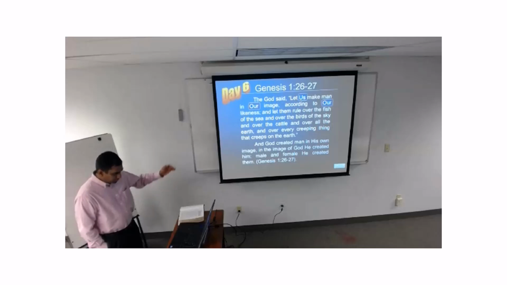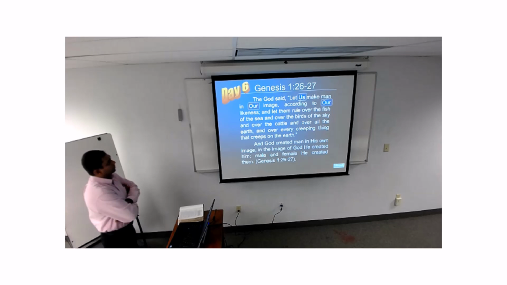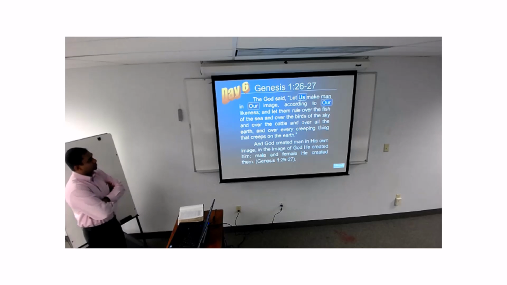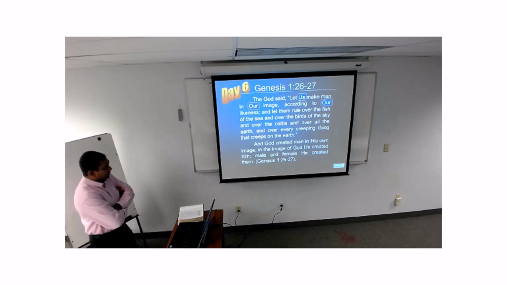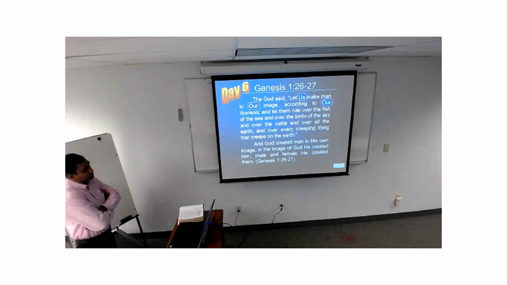So here you have in Genesis 1 itself the broader aspect of the creation of man. And here, as you can see in your PowerPoint, John focuses on the plural references to God: let us make man in our image according to our likeness. Now the question is, what does plurality refer to here?